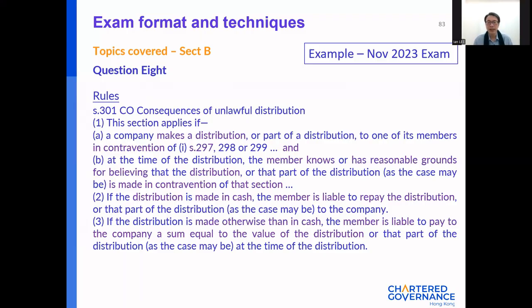If the distribution is made in cash, the member is liable to repay the distribution. So once they pay the dividend to the shareholders, it's possible to get the money back from them. And if it's made in other ways, then it's possible to get the distribution back from them in assets otherwise than in cash.